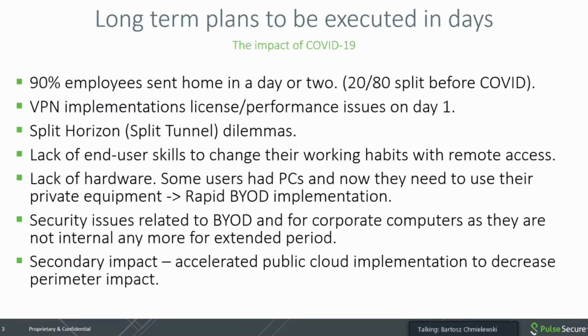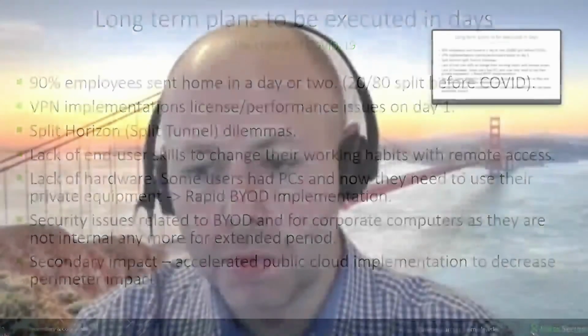So they want to move the resources to the external world, to the public cloud, because in case of disaster like this, it's easier for them to present the services to the end user if they are not behind their perimeter, but they are in the public cloud environments. So simply speaking, the long-term plans, I mean, to make a workspace mobile, executed in days.